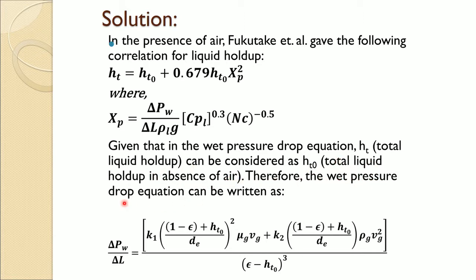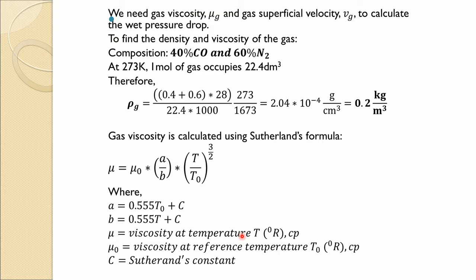Therefore, the wet pressure drop equation can be written in this form, where we have substituted total Holdup in presence of gas by total Holdup in absence of gas. So, once we make this simplification, which of course is given in the example, our task becomes much easier.